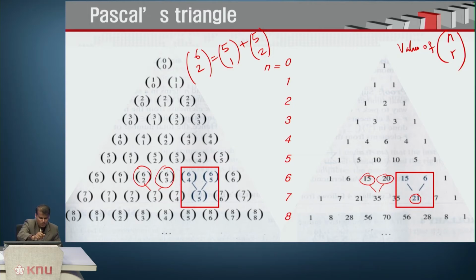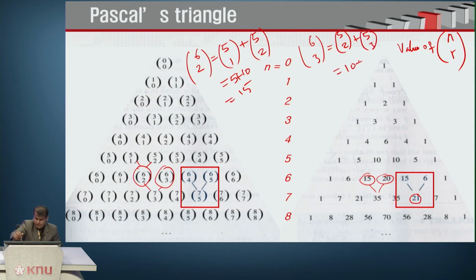That is 5 plus 10, which is 15. Again, 6 choose 3 has a similar form of 5 choose 2 plus 5 choose 3, so that is 10 plus 10, which takes you to 20.